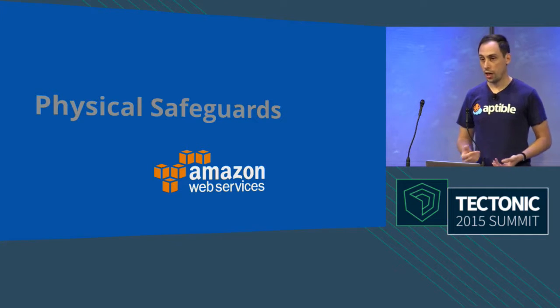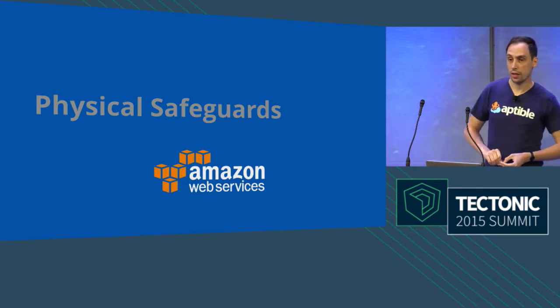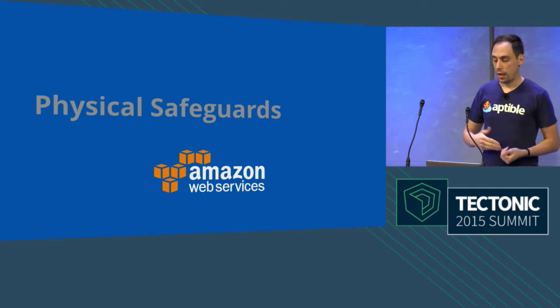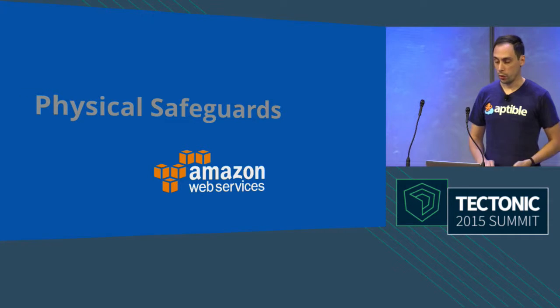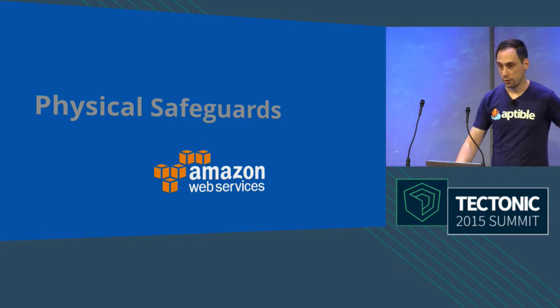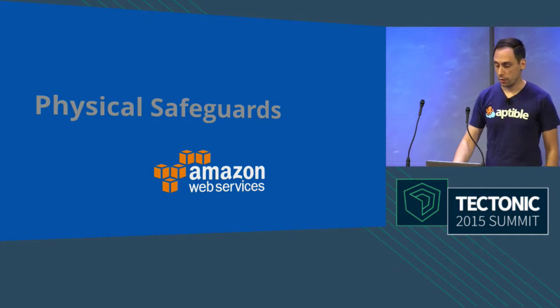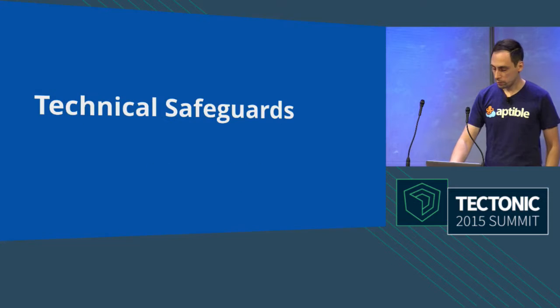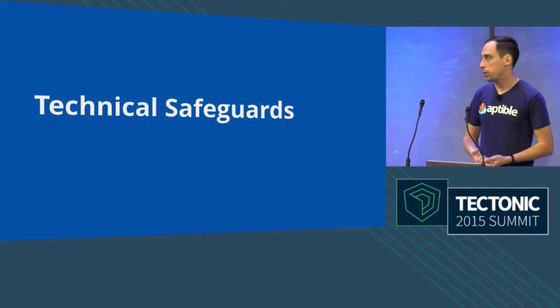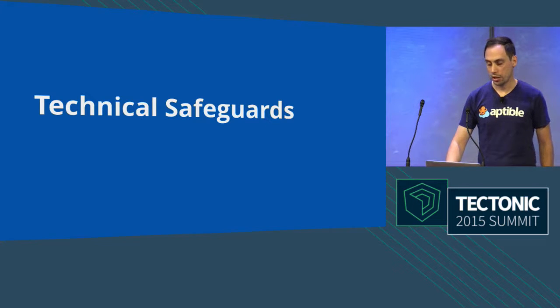Fortunately, for us and for any other company that's deployed in the cloud, your cloud provider, be it AWS or Google Cloud Platform, is covering almost all of the physical safeguards. Then there's technical safeguards, which are technical implementation details to manage security and privacy.